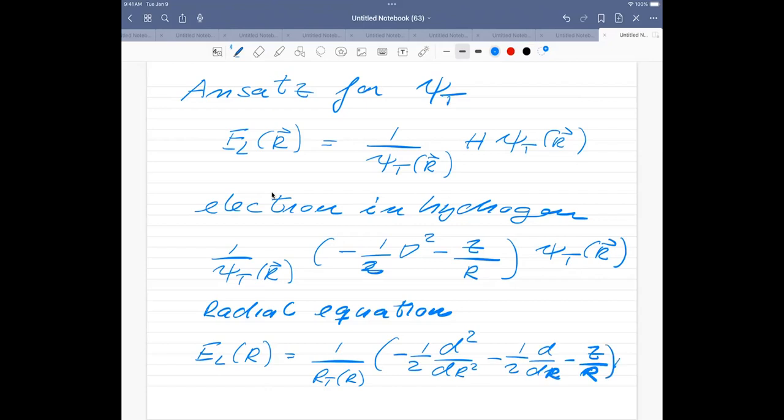And this is multiplied with this R_T of r. And then there are some additional terms, which I'm just leaving out. These are just finite terms. I'm just singling out these pieces here because they are the important ones.